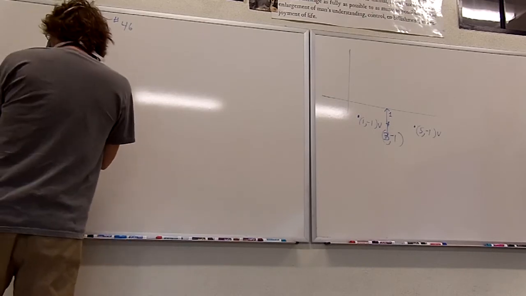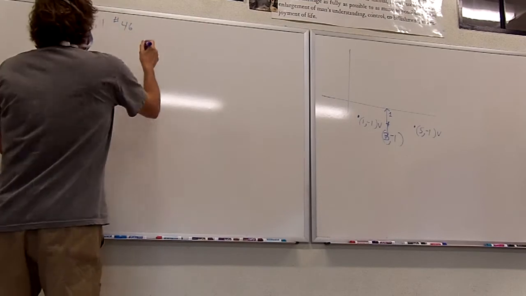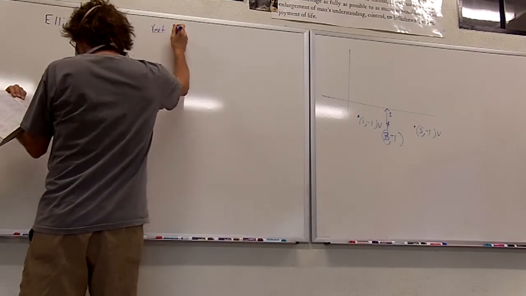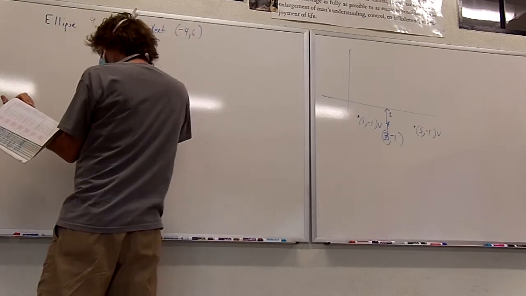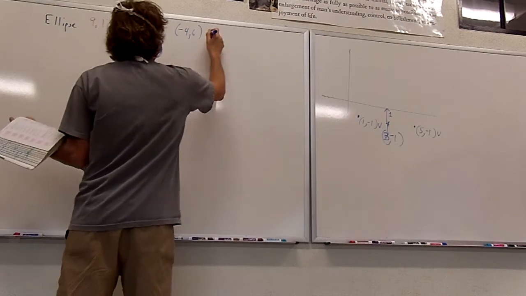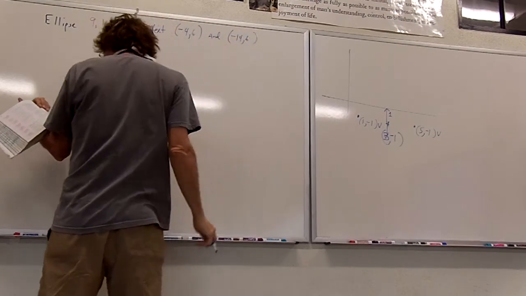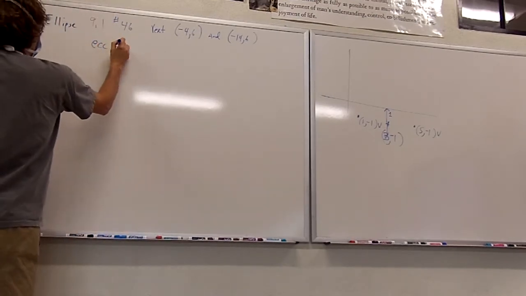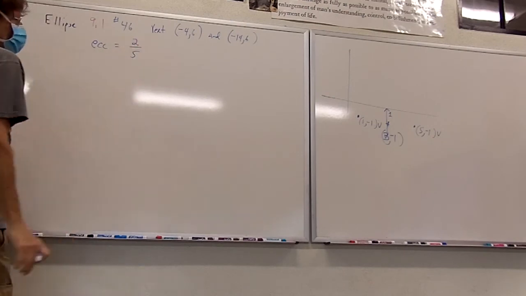Every one of these he has in the book gives you the vertices. I think that's too easy. Okay, the vertices are -4, 6 and -14, 6. And then here's where he tries to mess with you. Eccentricity is 2 over 5.